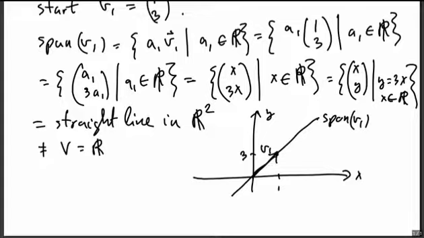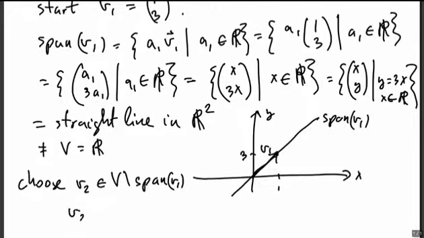Then in this previous theorem, the process was to now choose V2, which is in V but not in the span of V1, which means that we have to choose V2, which is in R2 but not on the straight line, so it's in R2 minus the span of V1.